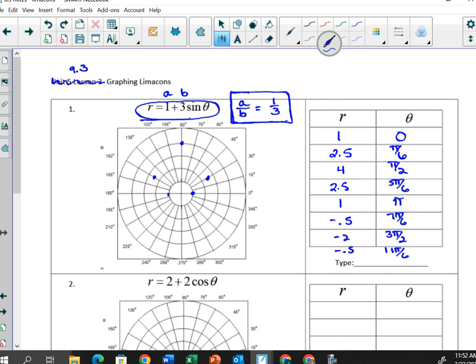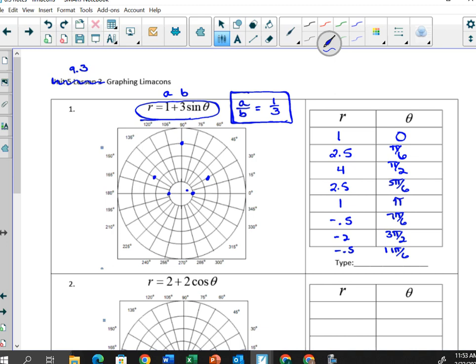One pi. All right, now negative 0.5, 7 pi over 6. Where does that end up? It's 30 degrees, right? Yeah, so you're going to go negative 1/2, which is kind of in the middle of that circle, and then around 7 pi over 6. So that's where 30 degrees is. So kind of in there.